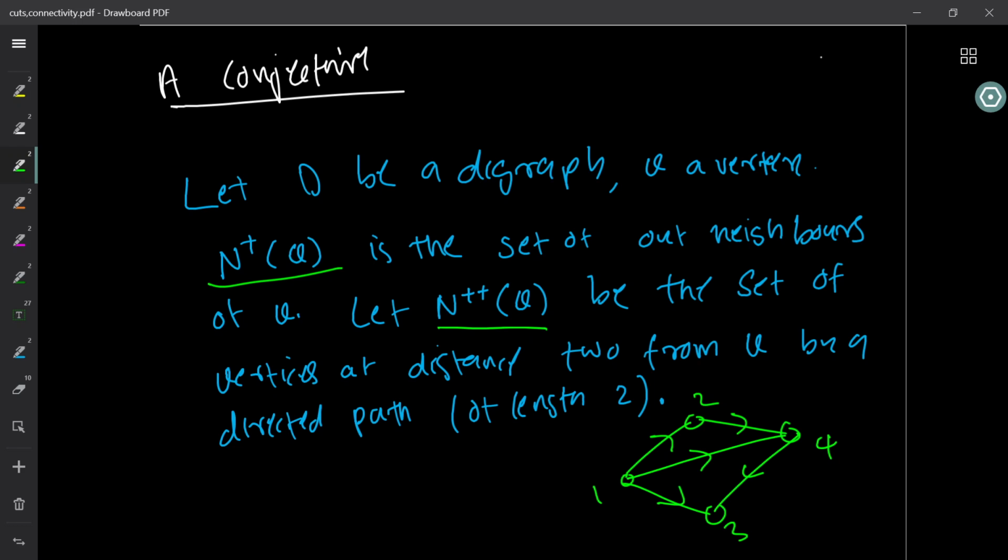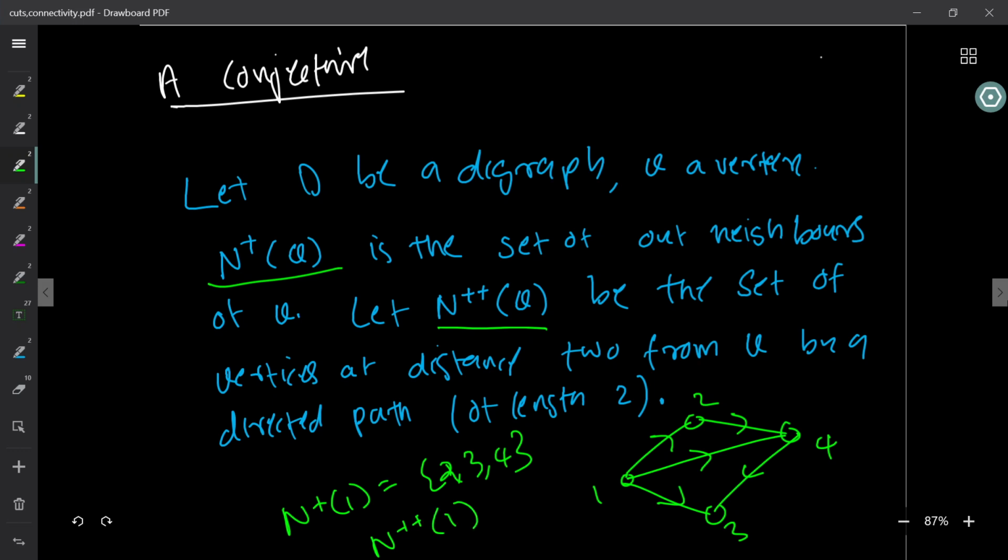If you look at this, of 1, 2, and 3, 4, 2, and 3. Basically, N plus of 1 is 2, 3, and 4. But what is N plus plus of 1? From 1 to 4, there is a directed walk, 1 to 2 and 2 to 4.